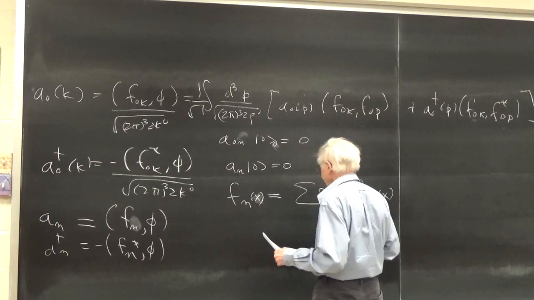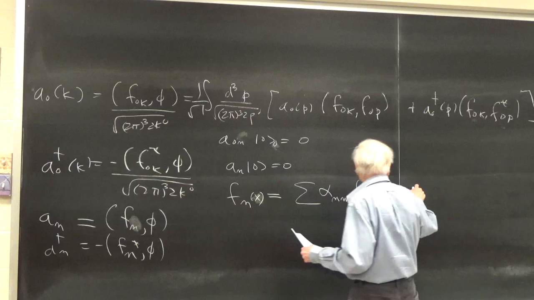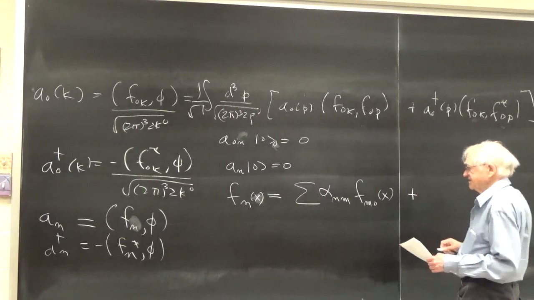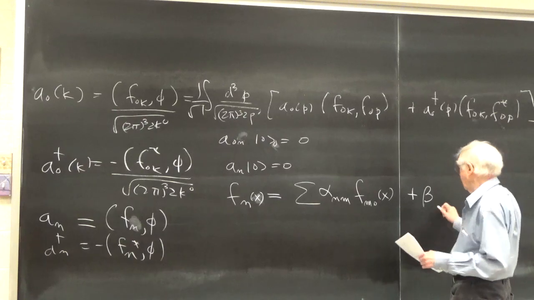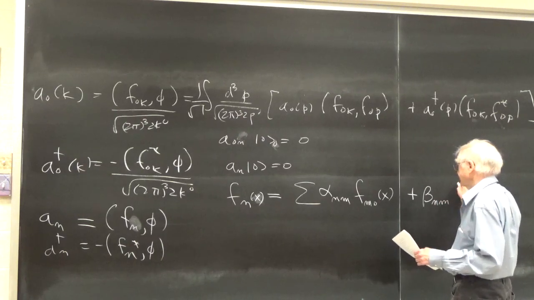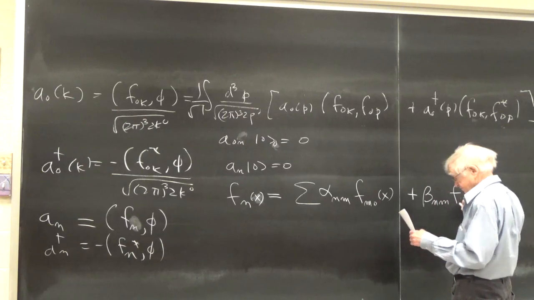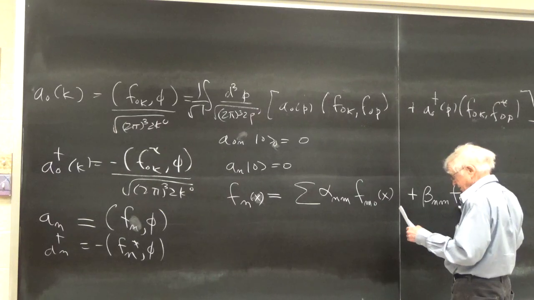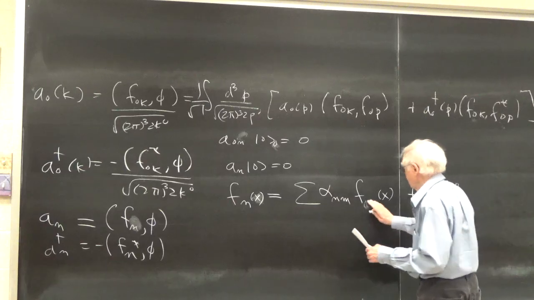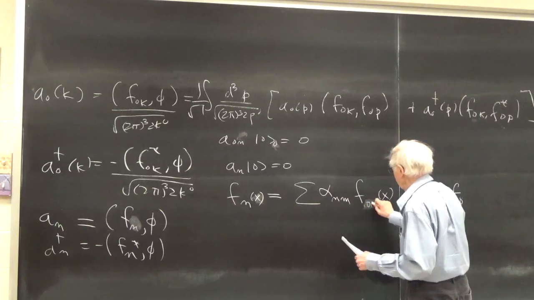NM. And in fact, you might say we could get away with that, but in fact, we also have to have beta NM F. I was writing 0M, so let's write 0M.